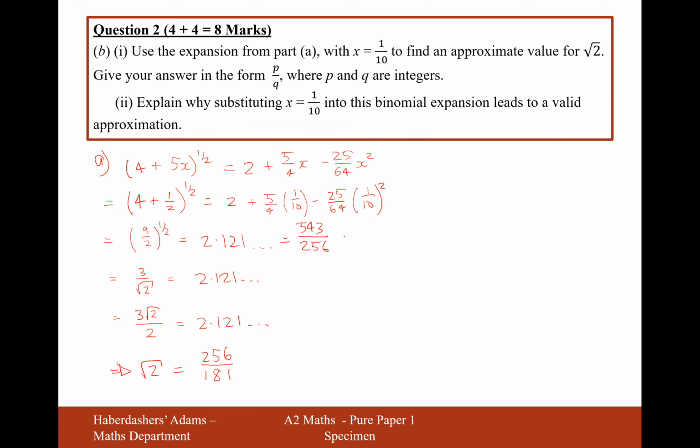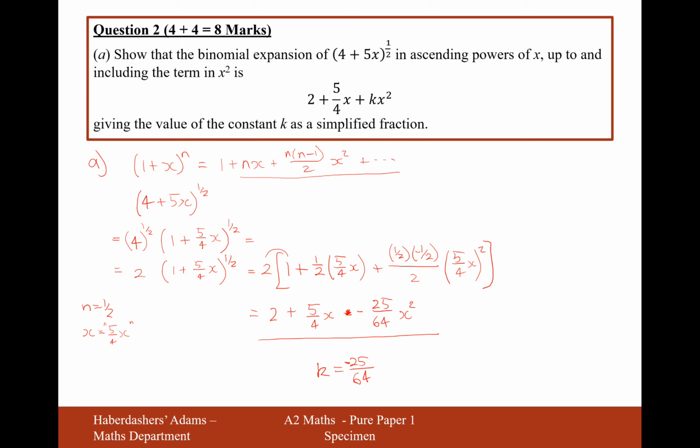So that's part I done now. Part II, explain why substituting in 1/10 into this binomial expansion leads to a valid approximation. Well, going back to our binomial expansion formula, this works if the modulus of x is less than 1.